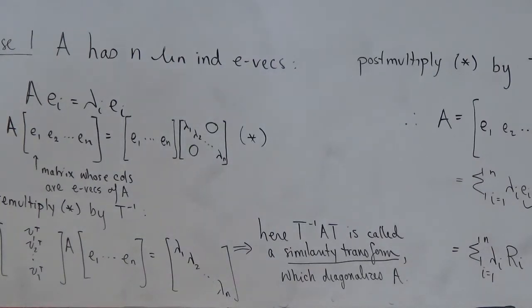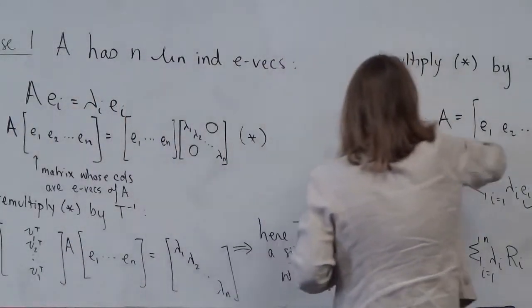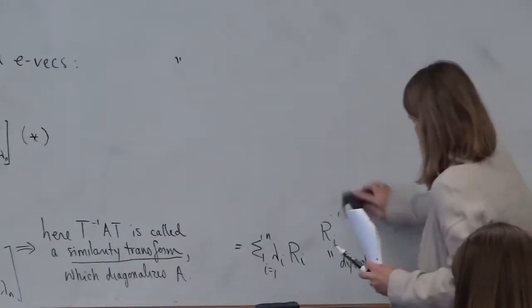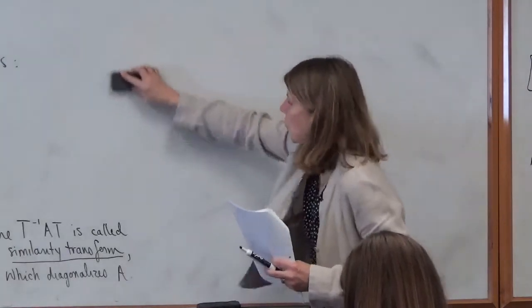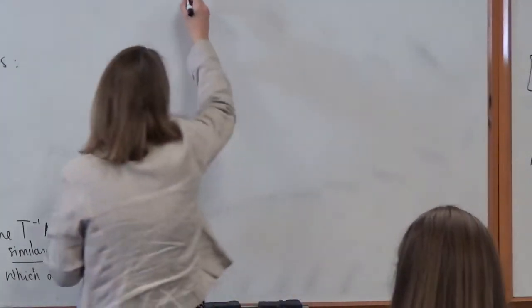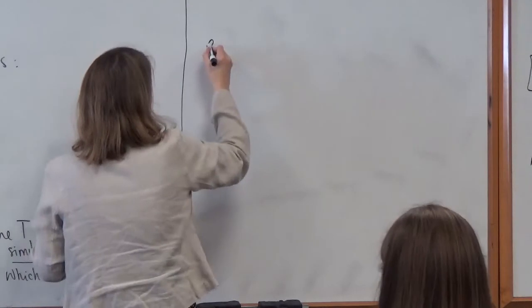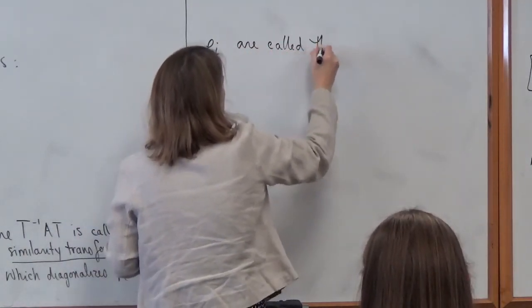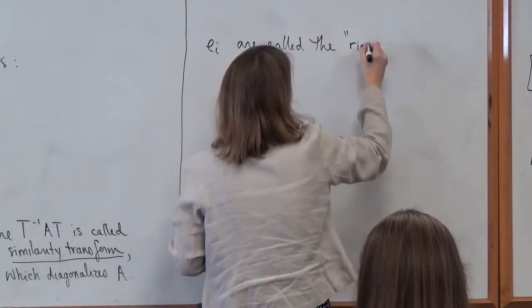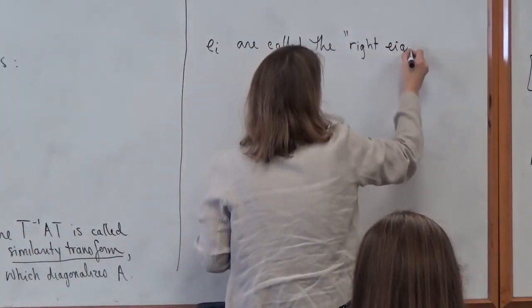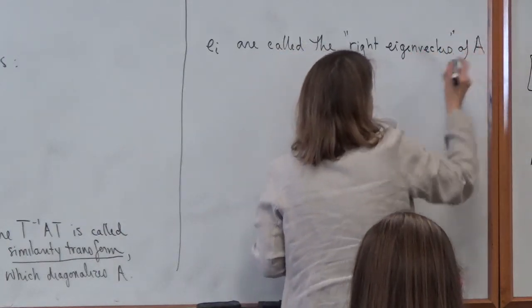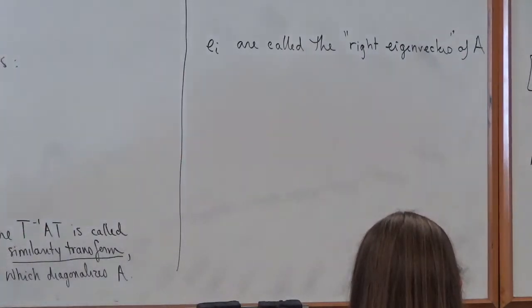A couple of other things here. We often call these vectors Ei the eigenvectors, but some people will call them the right eigenvectors of A. Right in the sense of right and left, not correct eigenvectors.